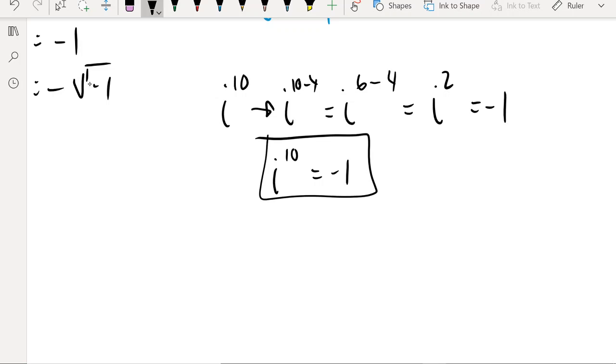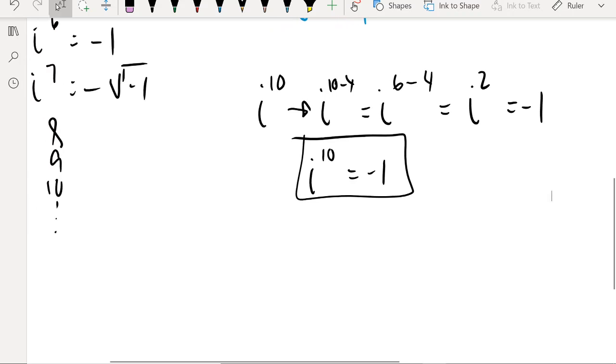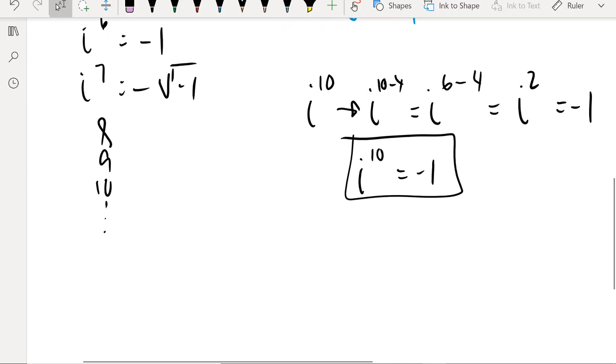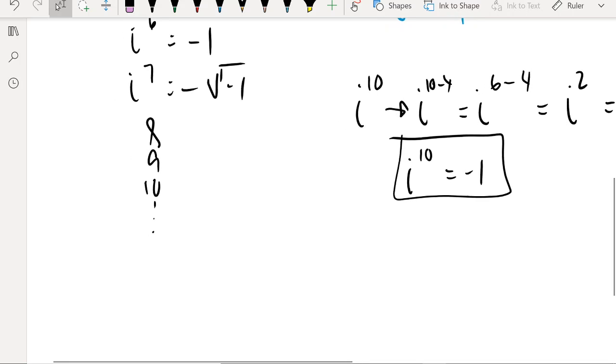So electrical engineering. So if you want to be an electrical engineer or an engineer in general, you're definitely going to need to know your imaginary numbers. But if not, you're probably not ever going to run into them. Imaginary numbers are really not used for much else.